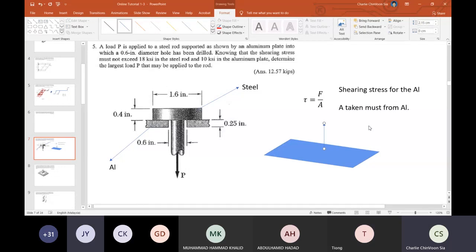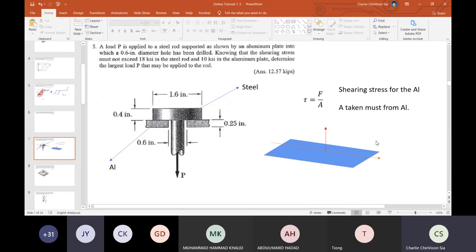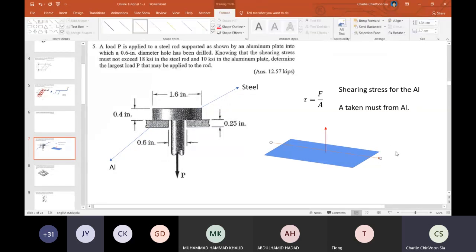So how about shearing stress? We know that for normal stress, the area must be perpendicular to the normal force. For shearing stress, the force is, for example, in this direction or the other side, along the surface.